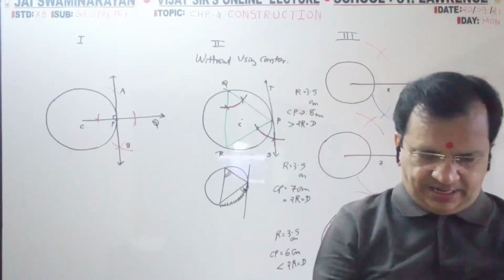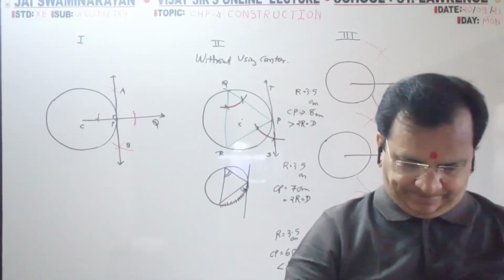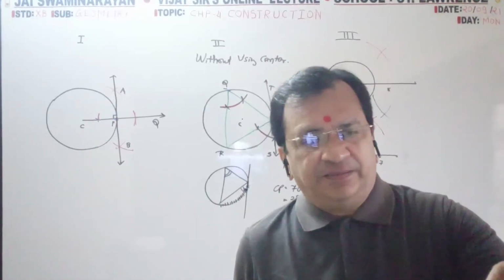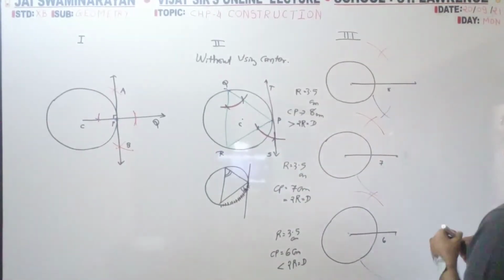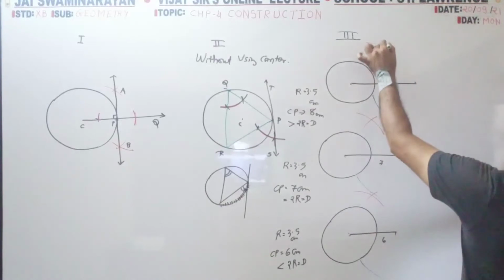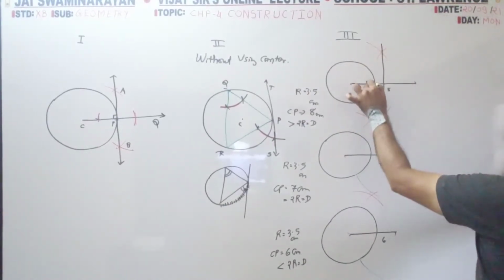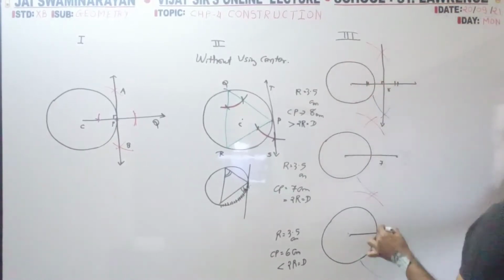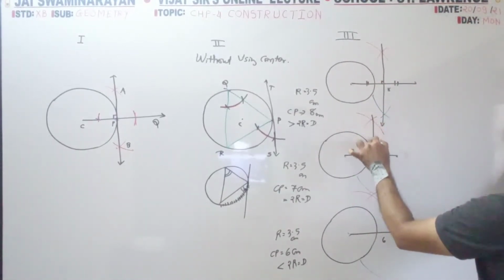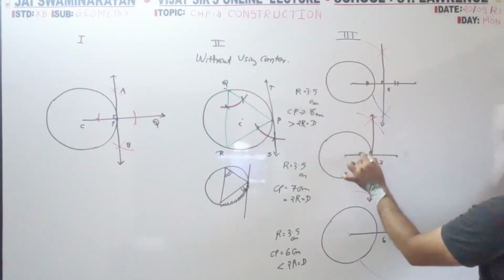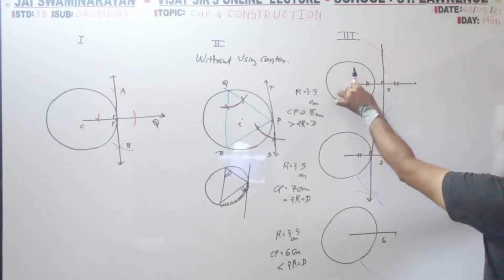But I'll highlight it. So this and this you have to join. It is the perpendicular bisector. This and this you have to join. It is a perpendicular bisector. See, the perpendicular bisector is out.